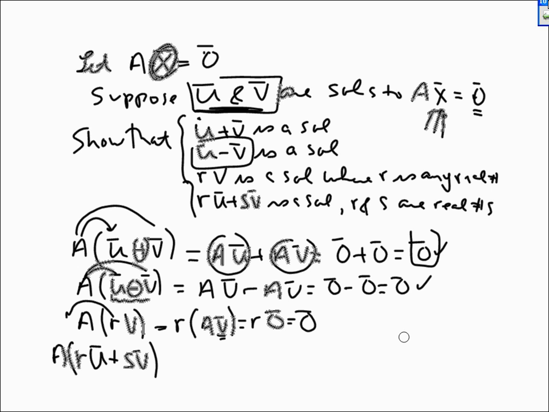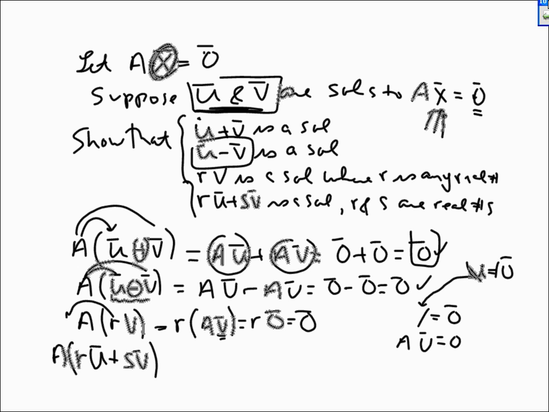So if you have two solutions, even one solution to a homogeneous problem, you have infinitely many. Just remember, if AX is 0 and you have a solution, you know that Au is 0. Well, let's suppose you have a non-trivial solution. You have a solution other than the 0 vector. u is not the 0 vector.